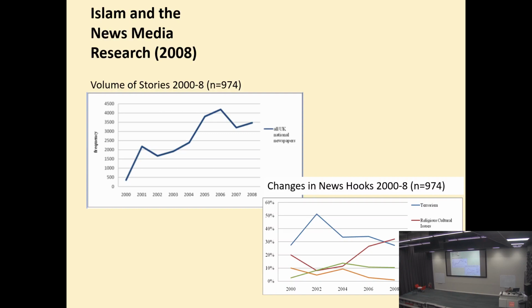But you can also see how that was overtaken by addressing broader religious and cultural issues, and how little attention was given to violence and attack against Muslims, how little attention was given to Islamophobia itself and its expression through violent attack. And if anything, it's gone down over time.